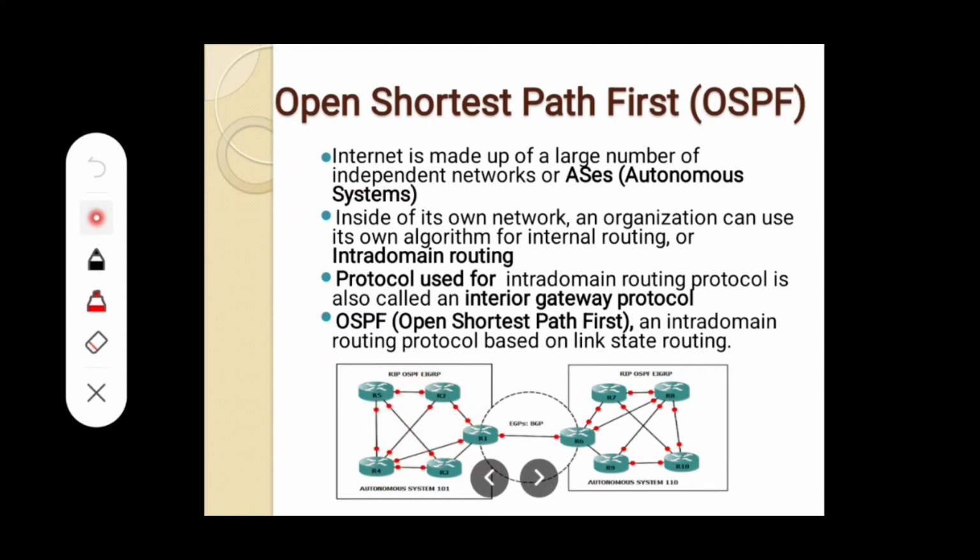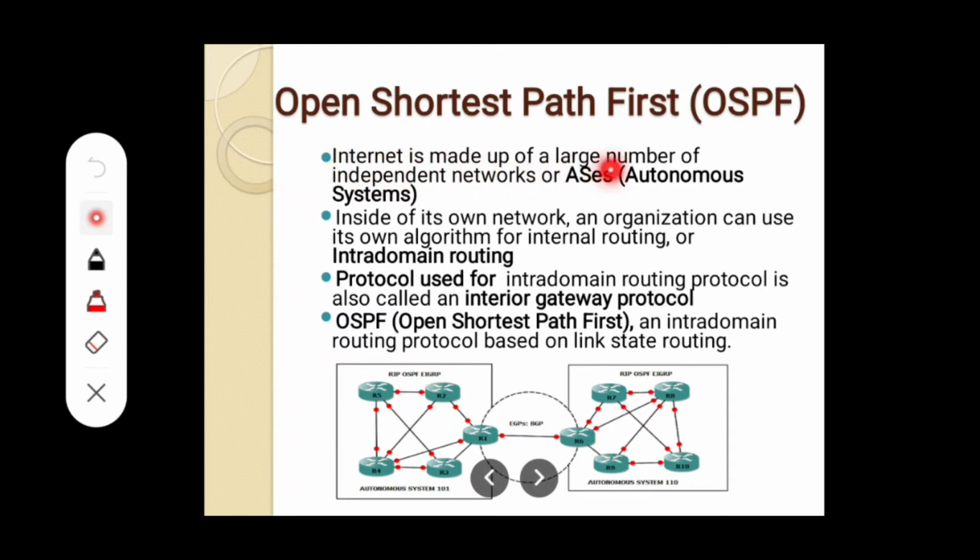Okay, the routing that is being done within an autonomous system is called intra-domain routing. Okay, for that we are having a protocol, and that protocol is called Open Shortest Path First. Okay, let us go into the details.